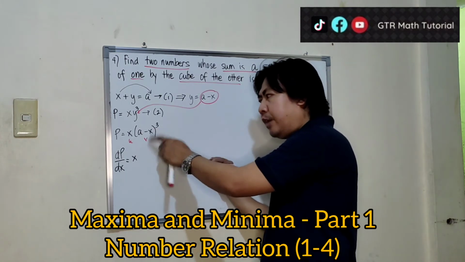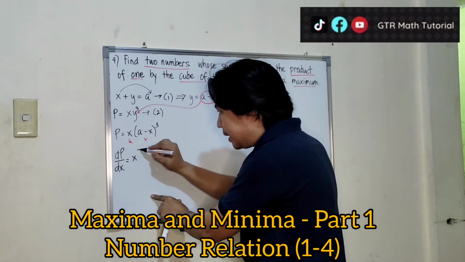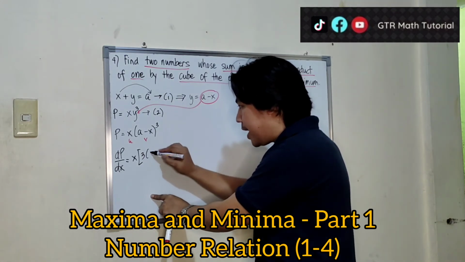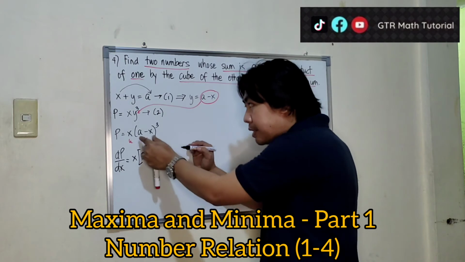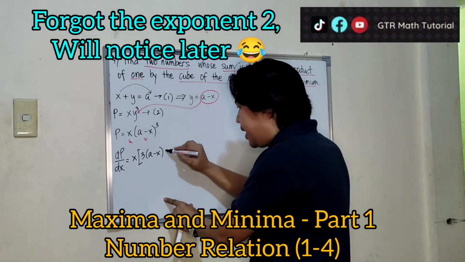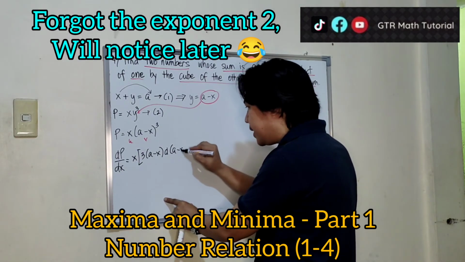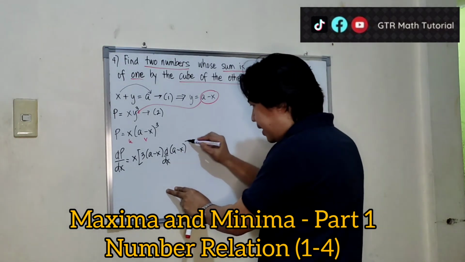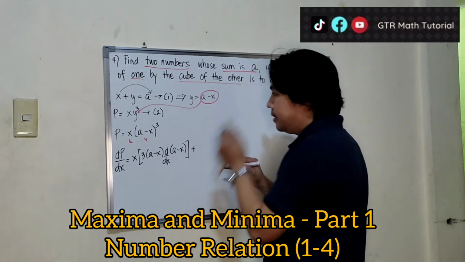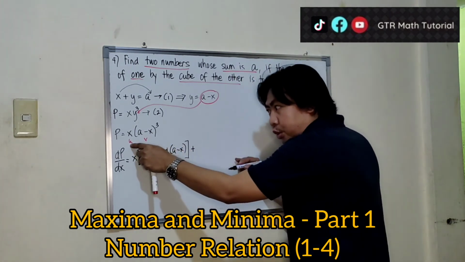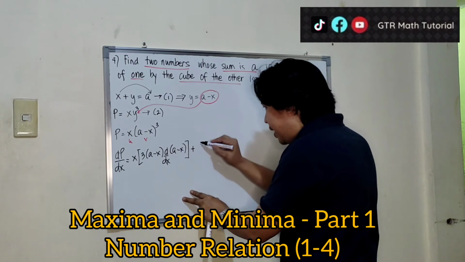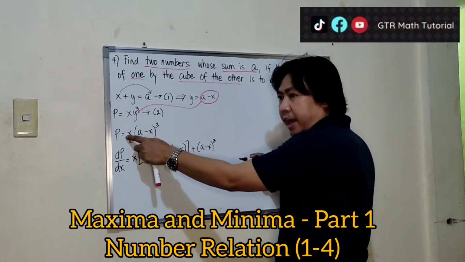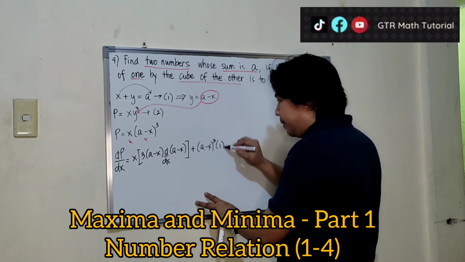So the derivative of v cubed is 3 times v, so that is a minus x, times the derivative of a minus x with respect to x, okay? Plus v du, so just copy v, so we have a minus x cubed times the derivative of x. The derivative of x is 1.